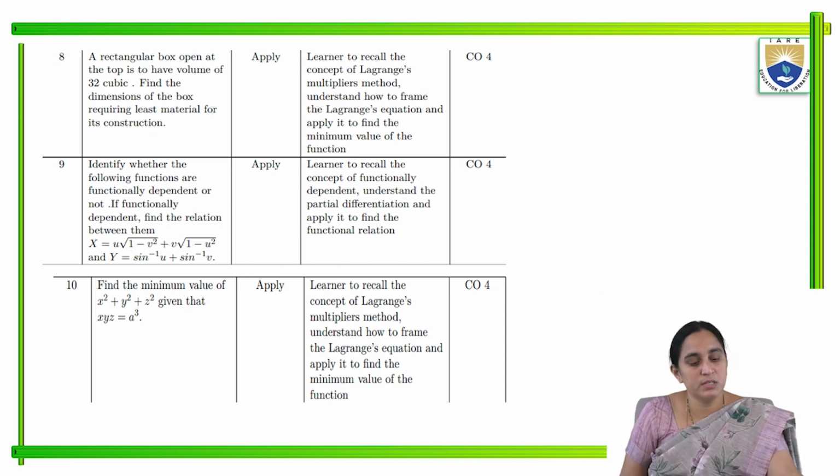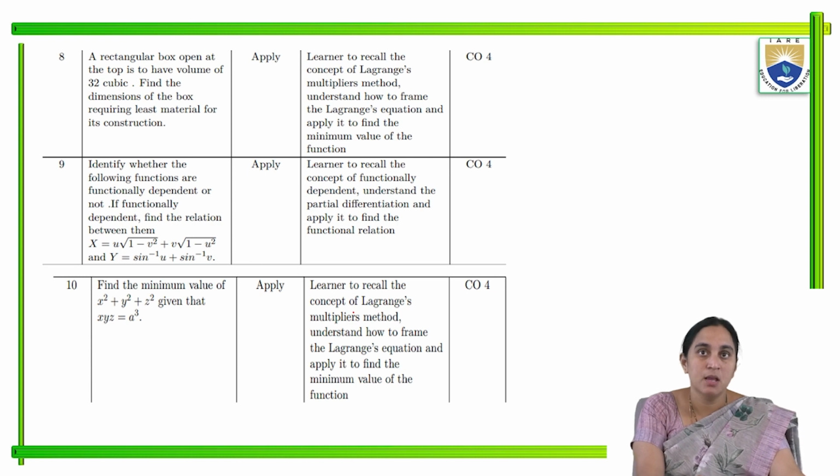And the 10th question: find the minimum value of x square plus y square plus z square given that xyz is equal to a cube. Observe here, we have to recall the concept of Lagrange's multipliers. Which topic does this 10th question come under? Lagrange's multipliers.